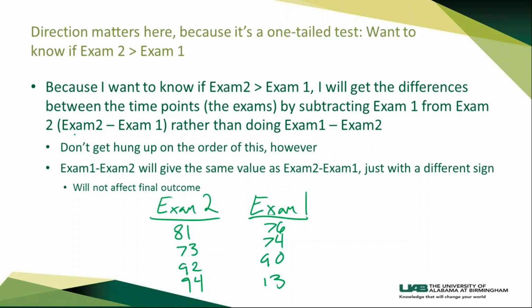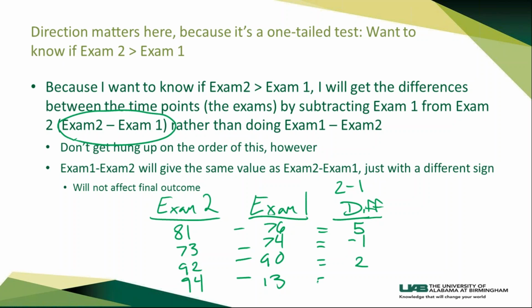So again, I'm going to do exam 2 minus exam 1, and that'll produce what I'm going to call our difference scores. And when I subtract exam 1 from exam 2, here are the difference scores that I get. So these difference scores are what pretty much everything else is going to work off of. So your very first step with the dependent samples t-test is to create these difference scores.